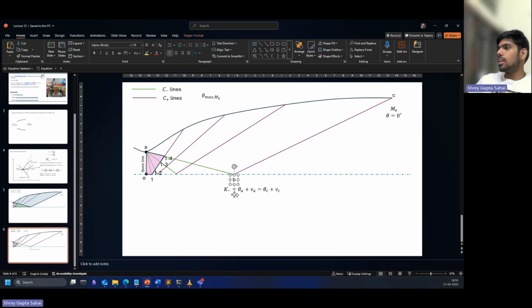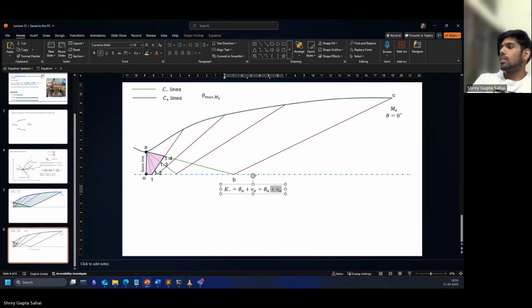So theta B and theta A have this relation, but this corresponds to a C minus line.